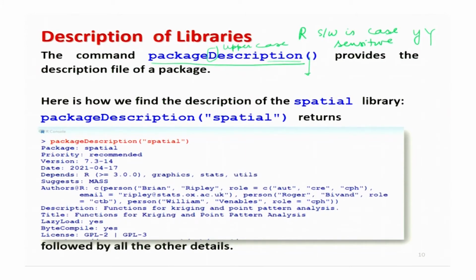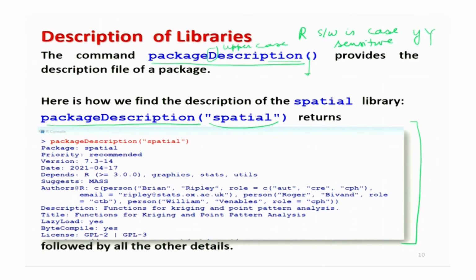And inside the parenthesis you have to write the name of the library about which you want to know the details. For example, if I want to know the details about the spatial library, I have to write packageDescription, and within double quotes inside this parenthesis write spatial, and it will give you this type of detail.